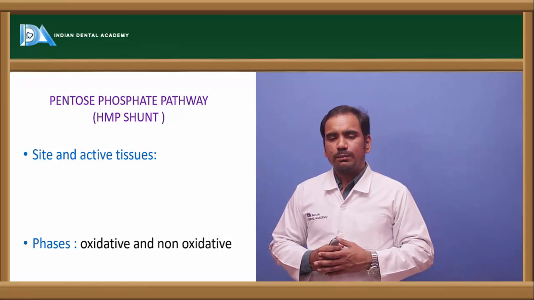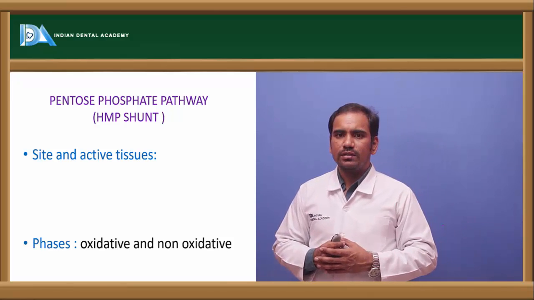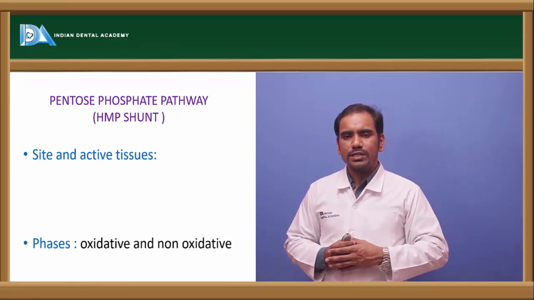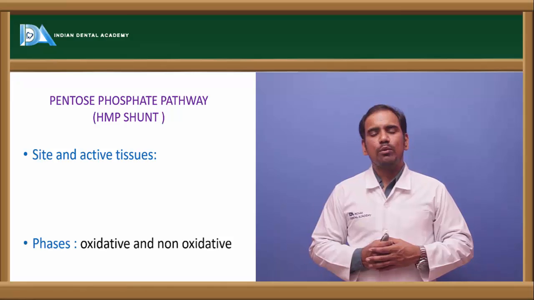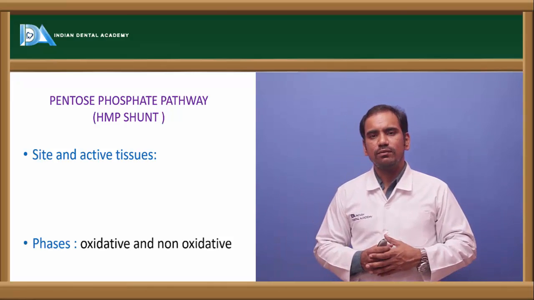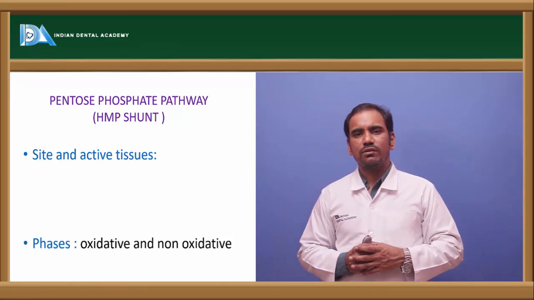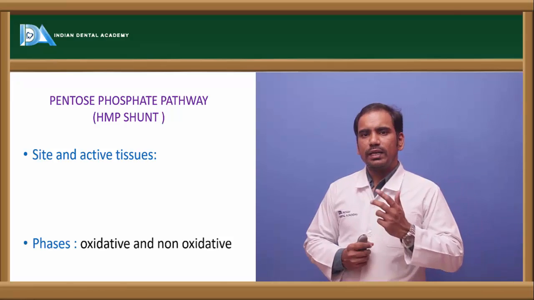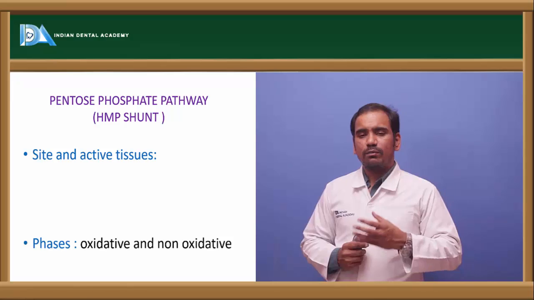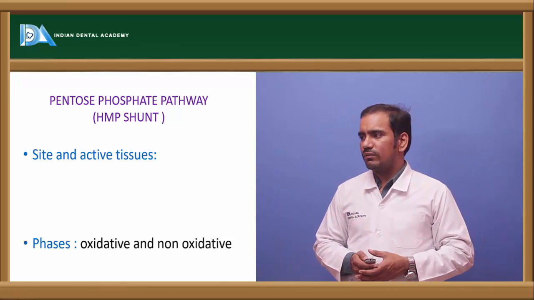The purpose of oxidation of glucose by the HMP pathway is that it has two roles: it supplies NADPH and it supplies ribose 5 phosphate, which is required for the synthesis of DNA and RNA. So these are the important functions of the HMP pathway.